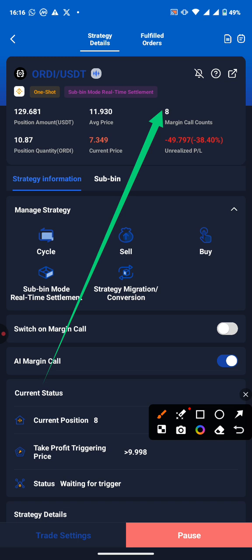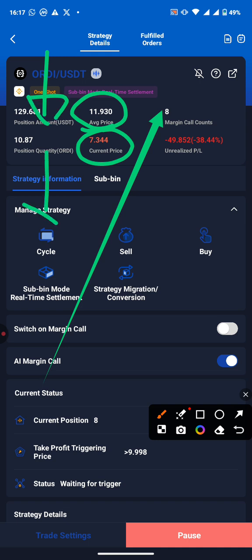How does it work? We entered this coin at the average price. The price of this coin was 11.93 US dollars or USDT. Now the current price is 7.34. I want you to look at this. Our robot bought the first time.